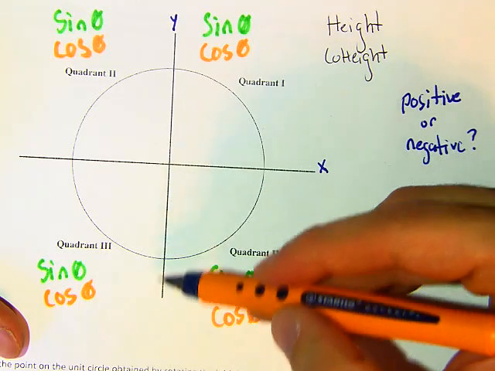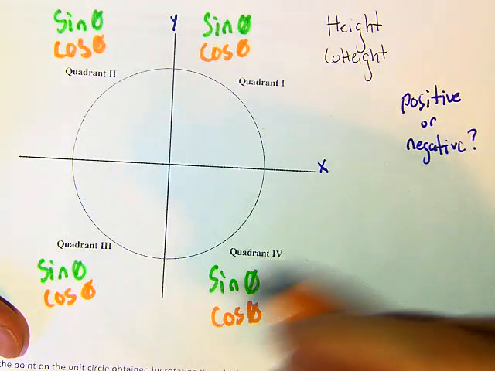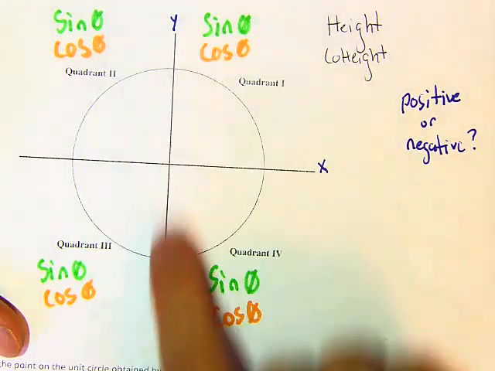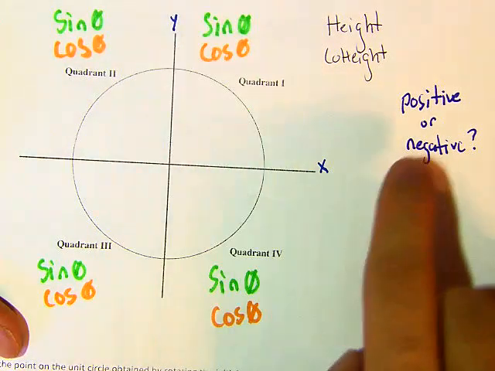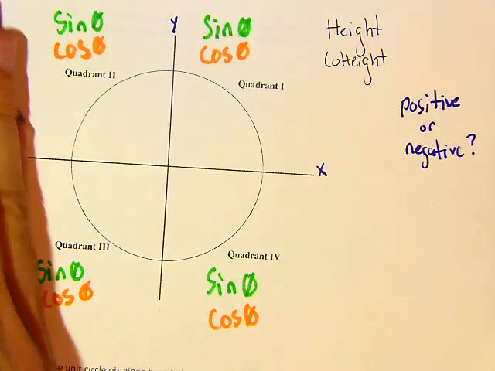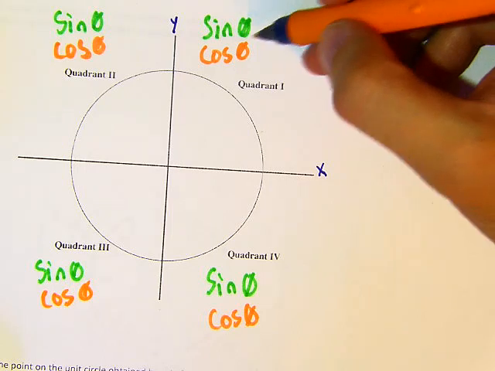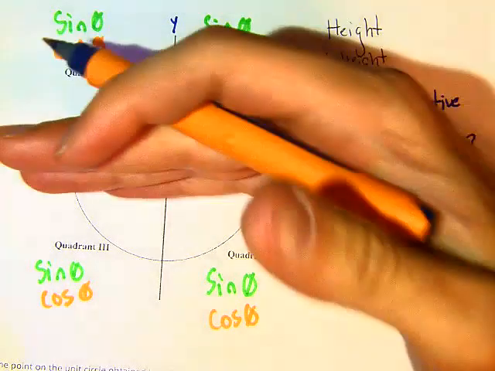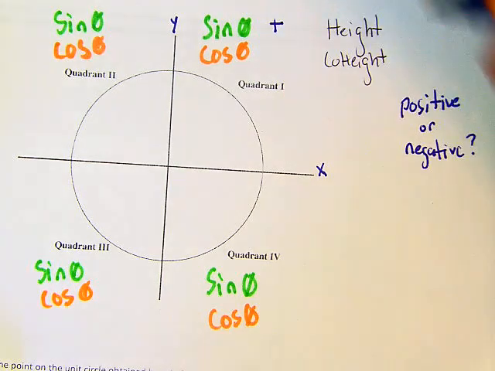Everything below the x-axis is negative when we talk about the y function. But everything to the right is positive for the x, and everything to the left is negative here. So here, if we're thinking about height, our sine of theta is positive.